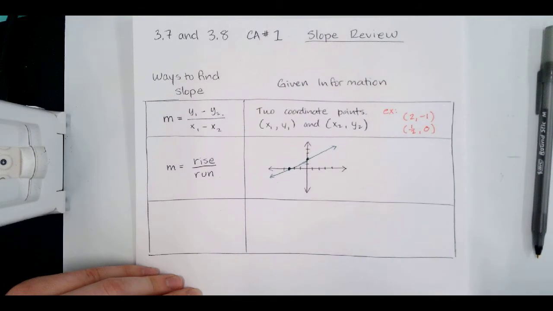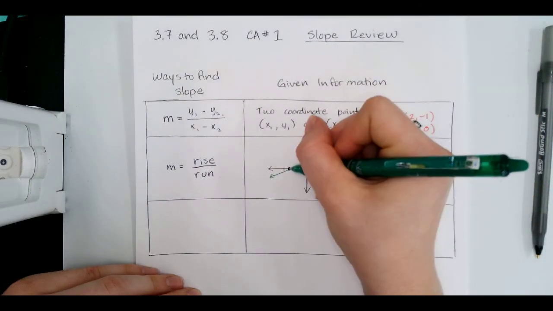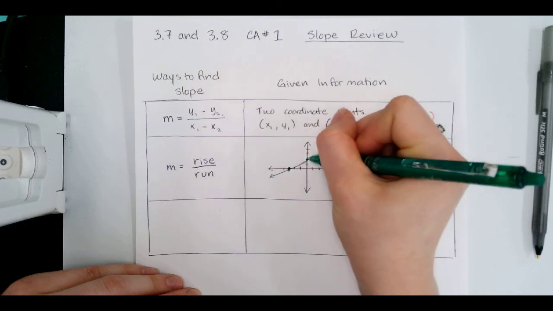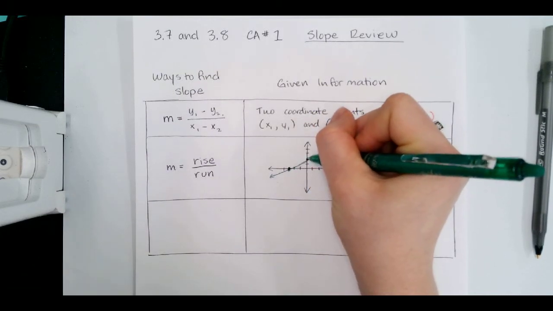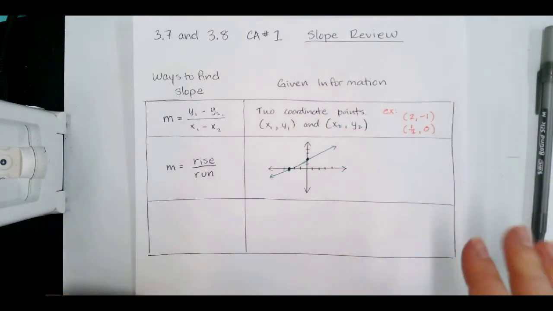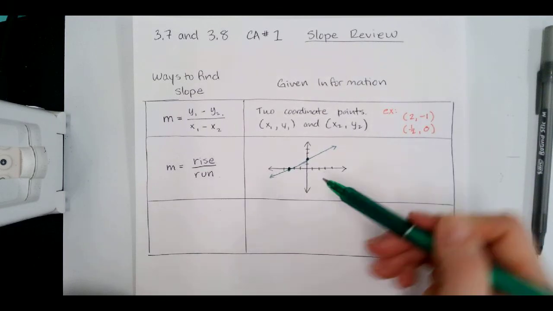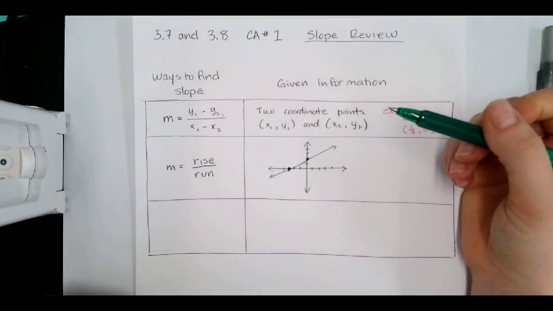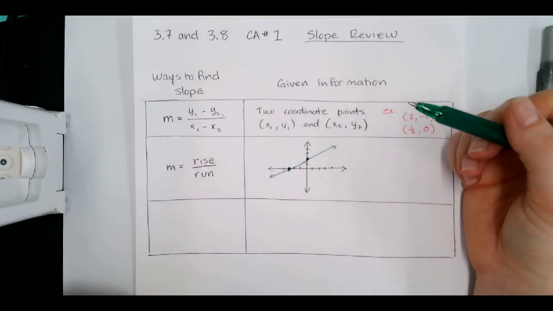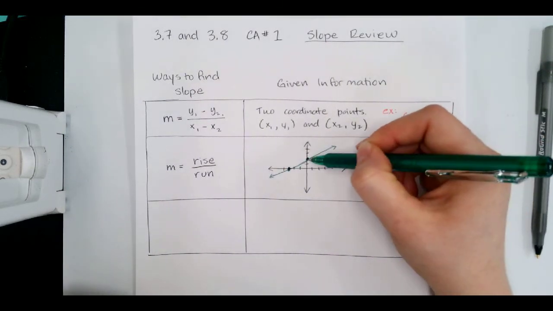Well, using the rise over run method, we're trying to see, to get from this point to this point, how many tick marks do I rise, and how many tick marks do I run? So run is talking about the horizontal movement. So run is this way, rise is this way. And it doesn't matter which points you choose as long as you're trying to get from one point on the line to the other point on the line.